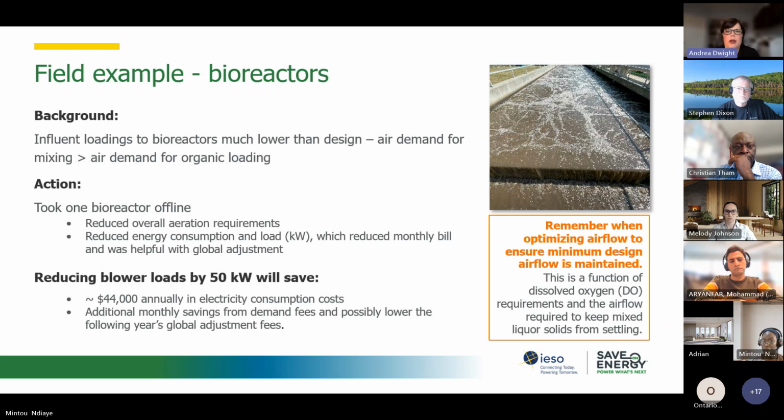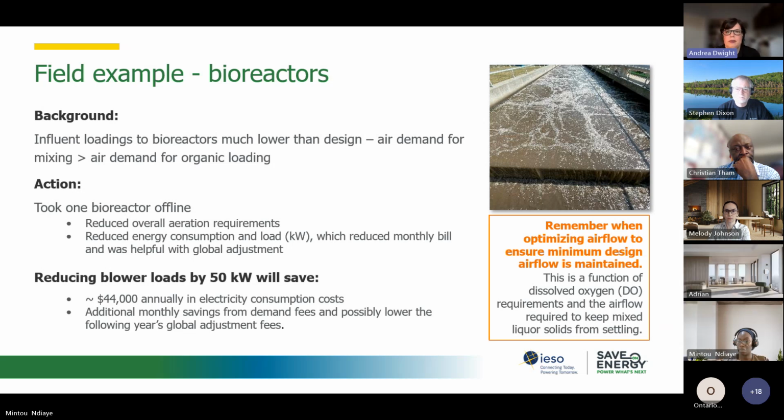We were able to recommend that they shut off one of their bioreactors, and that significantly reduced the load on the blowers. Although their system was running really well, they were using more energy than they needed. Just consider that a 50 kilowatt savings can be significant in the pocketbook. It could save you up to $45,000 in electricity costs, and it'll likely help you with global adjustment costs for the next year coming.